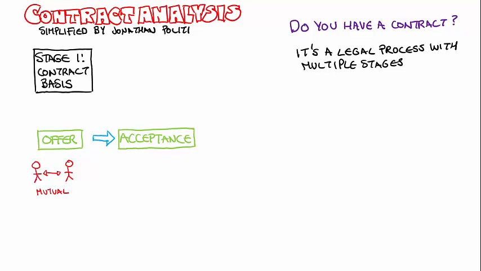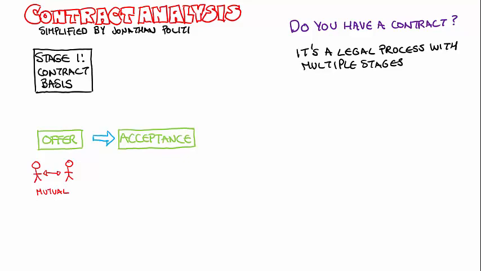So, one party makes an offer, promises to do something, and the other party has the option to accept. Maybe the other party accepts with another promise. I promise to pay you money if you promise to paint my house. Oh, I promise to paint your house for money. We have a deal. Maybe it's a promise for performance. I promise to pay you if you paint my house, and the other party paints the house. The performance was the acceptance.